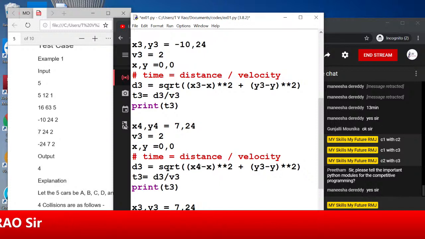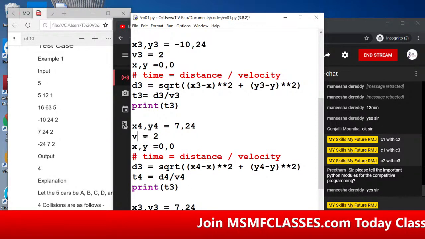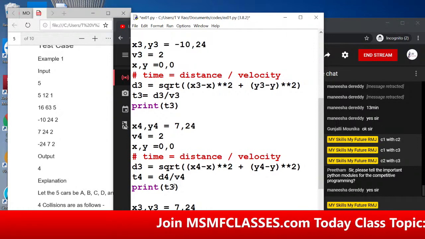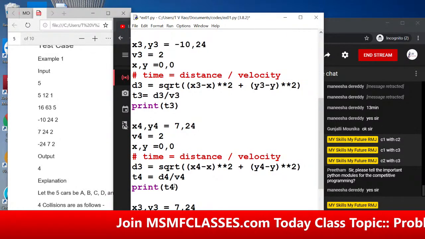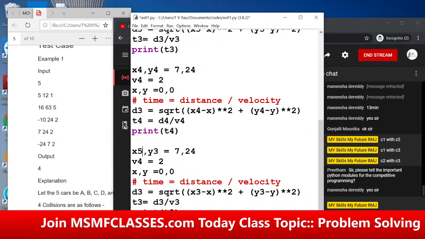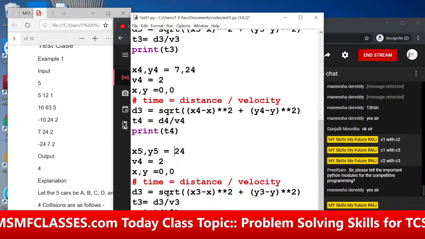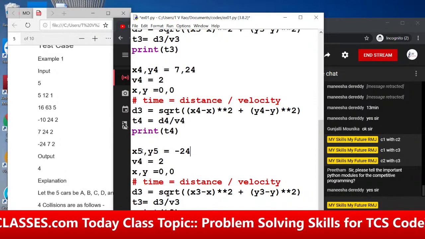So this is x4 and this is y4. Now this is t4, d4 by v4, print t4. Now car number 5. Minus 24 comma 7.